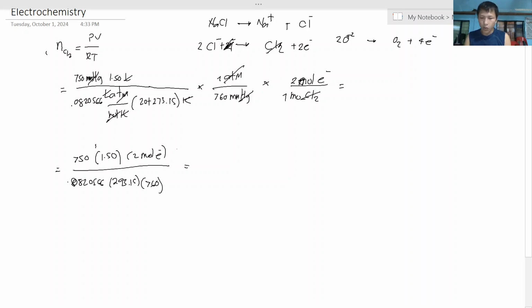So all in all, you have 750 times 1.50 times 2 on top. The lower part is 0.082056 times 293.15 times 760. So that equals 0.123, that is moles of electrons.